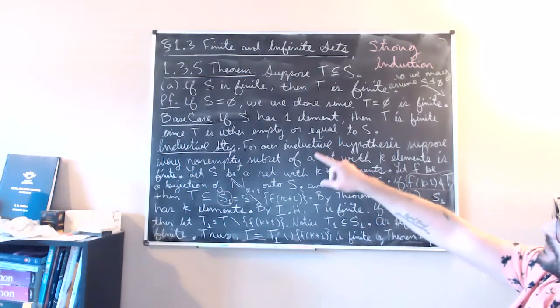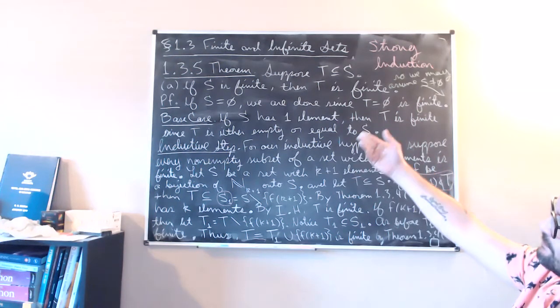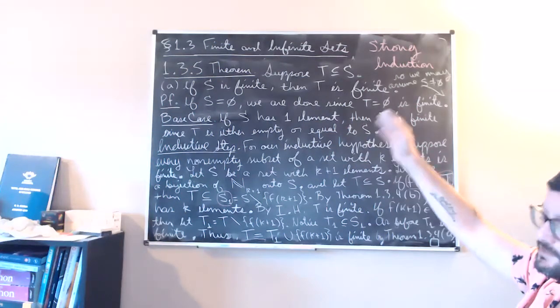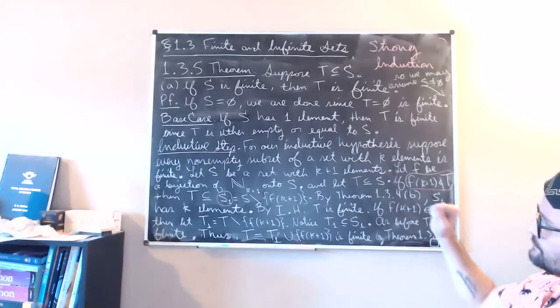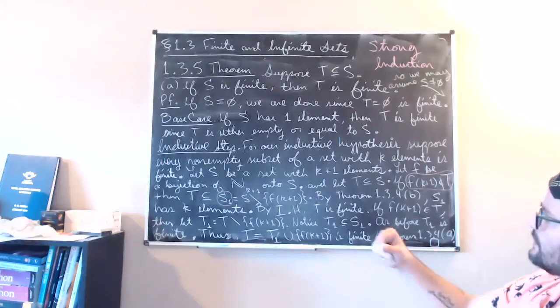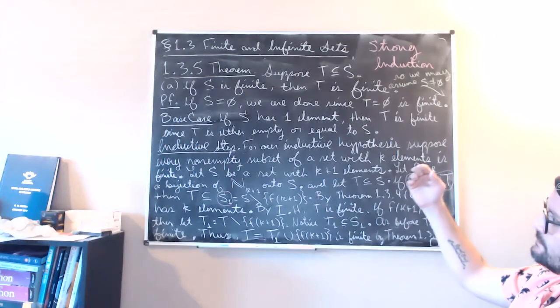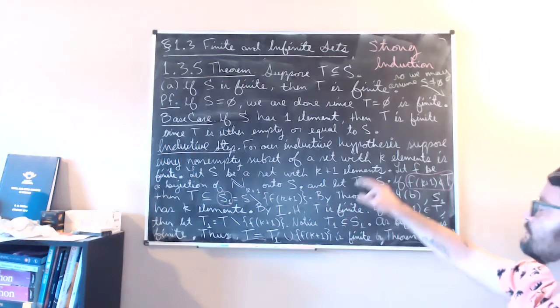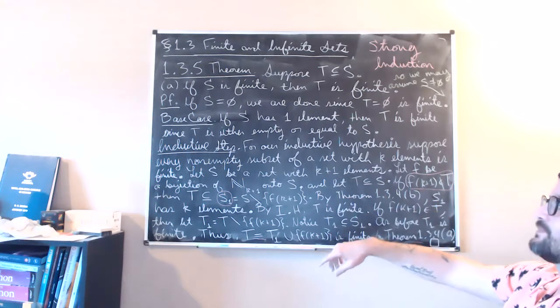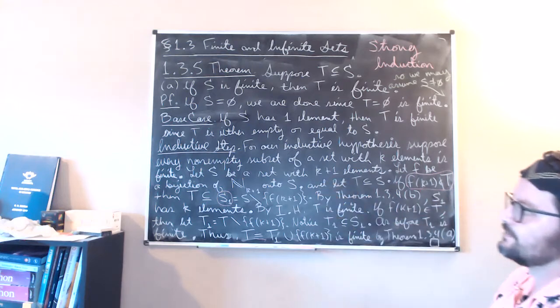So we satisfied the base case. So any non-empty subset of a set with one element is finite. So then that's our base case. And then for our inductive step, we assume that every non-empty subset of a set with k elements is finite, which implies that any non-empty subset of a set with k plus one elements is finite.